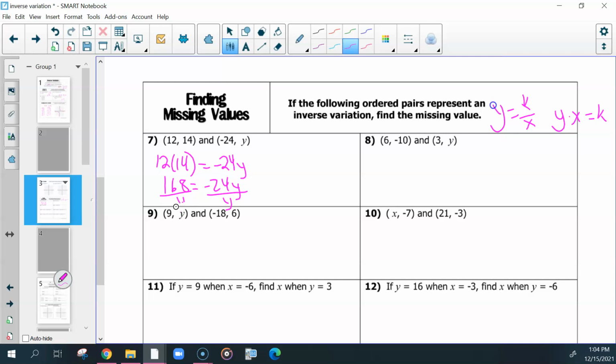I'm sorry, I'm talking and doing math at the same time, and my brain is not working. We need to divide by -24. There we go. To give us -7. So if we were to go back and double check, -7 times -24 should give us the same constant, 168.